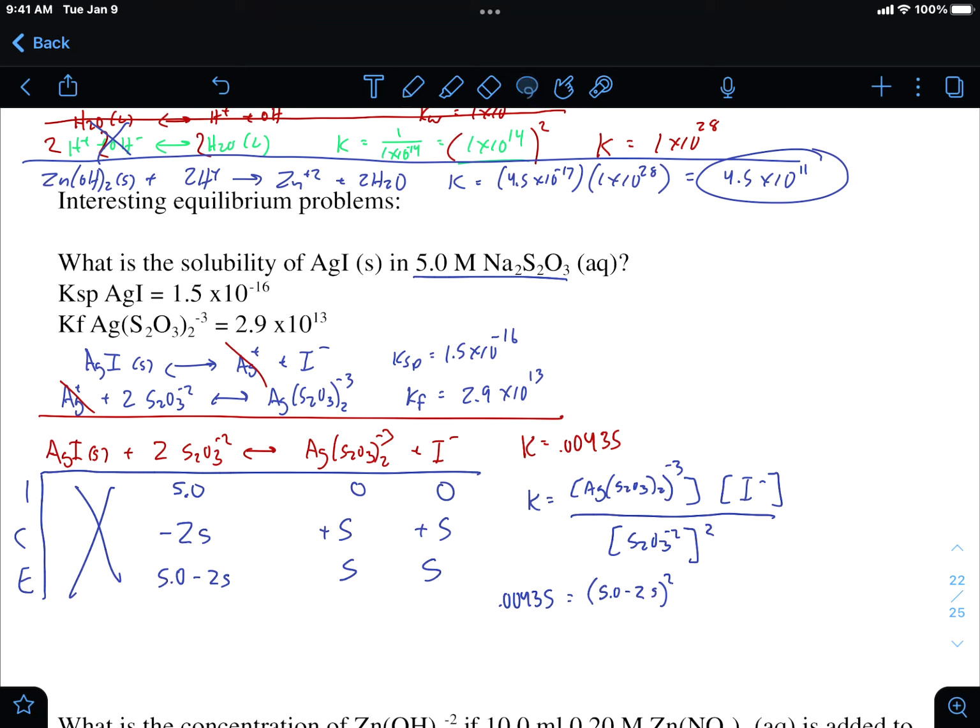Whoops, that's in the wrong place. All right, did you get the same ICE table set up? All right, so pop this into the solver.